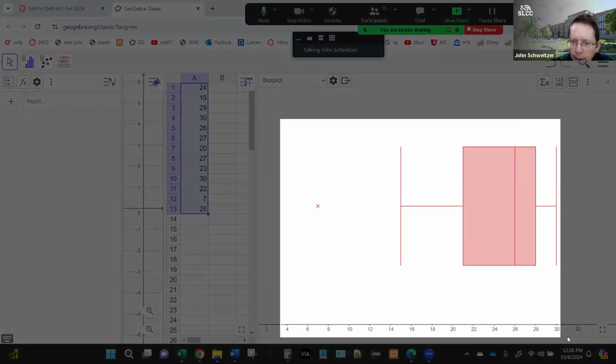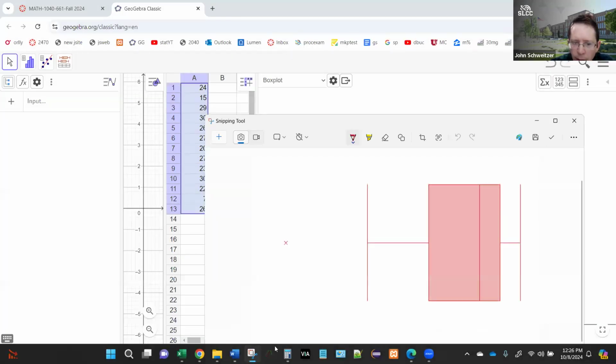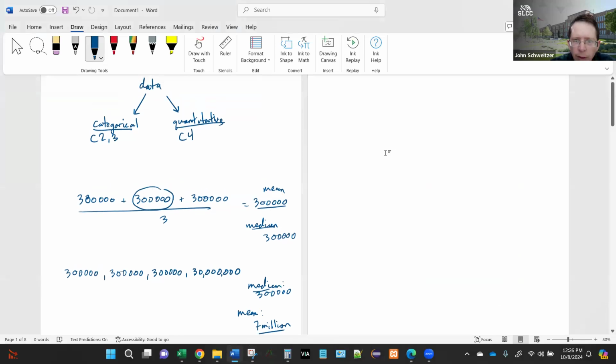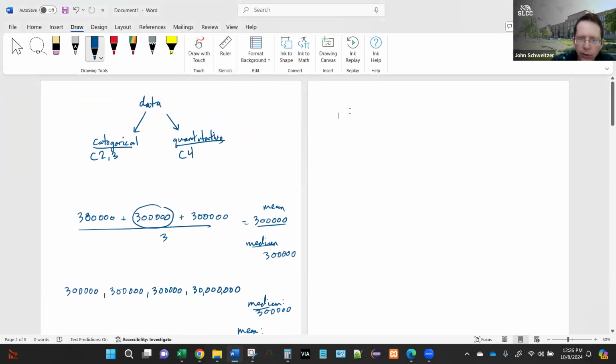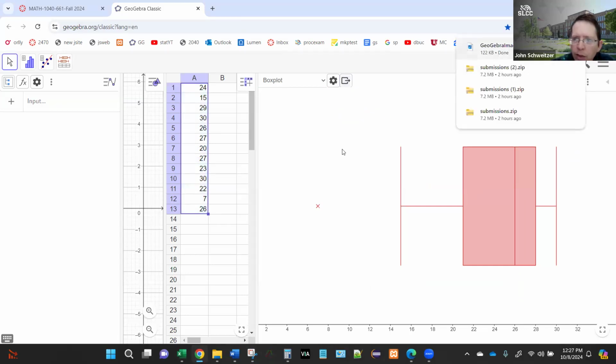You grab it like this, and then you copy and paste. You come over to your Word document where you're putting together your project, right? And you just paste it in there. So it looks really nice, okay? Or you can export as a picture, like a JPEG or a PNG file, whatever you prefer there.